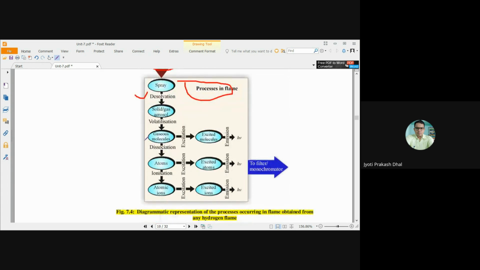After removal of the solvent, it converts into a solid or gas aerosol, and after volatilization, it is converted into gaseous molecules. After dissociation, they are converted into gaseous atoms, and after ionization, this gives rise to atomic ions, which become excited ions, and after that they undergo emission.